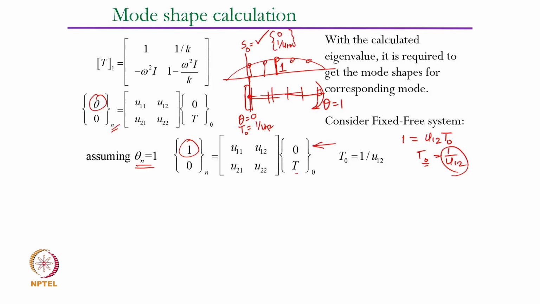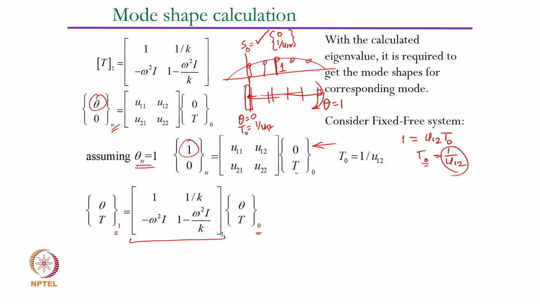Once one state vector is known, these are so simple and straightforward, because you know the relationship between one state vector to the next state vector. So theta T1, that is the state vector at the end of the first segment, is related to the previous segment through this transfer matrix, where for the first segment omega is known, I is known and k is known, and this is completely defined as I said here.